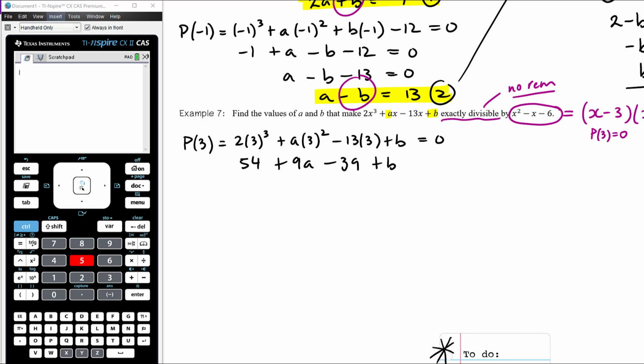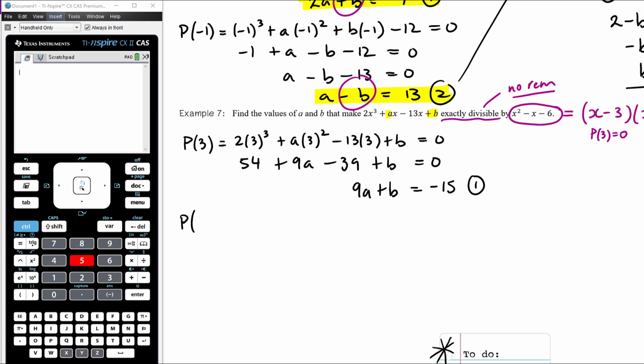And plus b. We know that equals 0. So again, let's tidy this up a little bit more. So we're going to have 9a plus b. And then we've got 54 minus 39, which is 15. And so it'll be equal to negative 15. Okay, so there's our first equation.